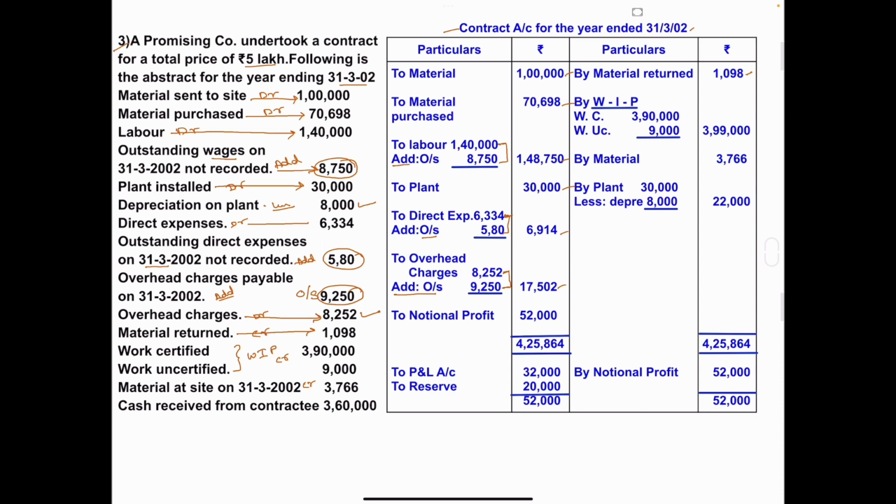Work certified and work uncertified, this one we will take on the credit side of the account under the head work in progress. By work in progress, I have written the short form WIP. In that, work certified amount is 3,90,000. Work uncertified amount is 9,000.